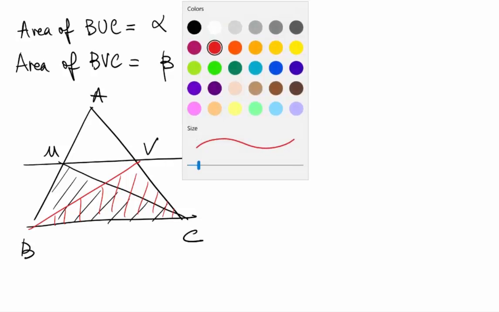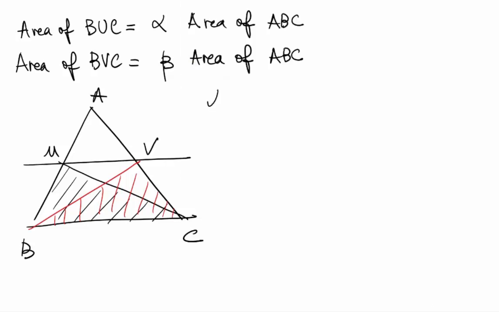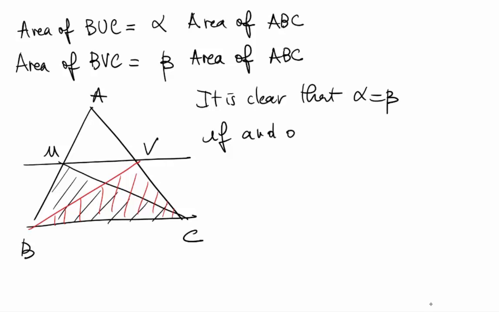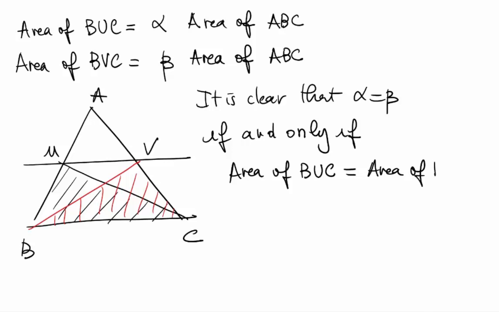So it is clear that alpha is equal to beta if and only if the area of BUC is equal to the area of BVC.